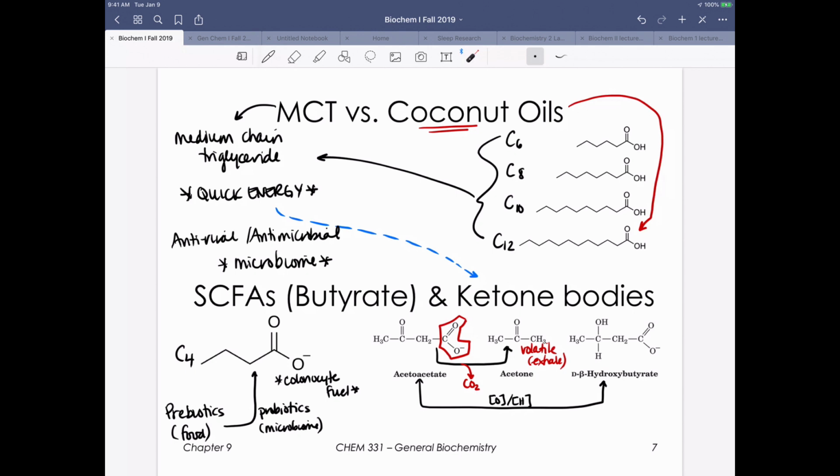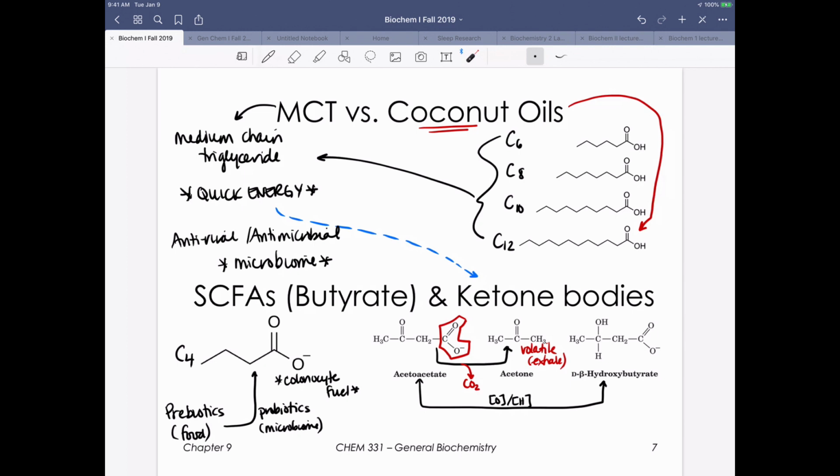So I'll get to those in just a minute. But some important properties of these smaller fatty acids found in medium chain triglycerides are that they have significant antiviral and antimicrobial properties, which is, again, really important when we think about the health of your microbiome.